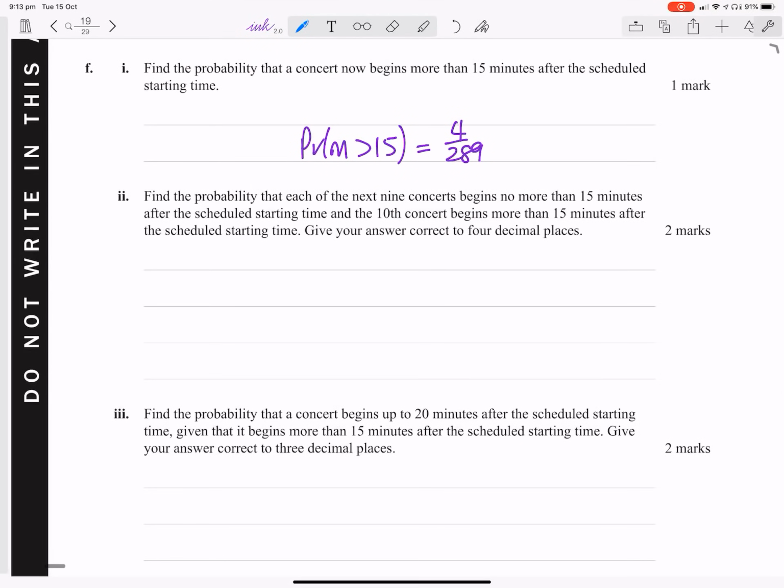Find the probability that each of the next 9 concerts begins no more than 15 minutes after the scheduled starting time, and the 10th concert begins more than 15 minutes after the scheduled starting time. Give your answer correct to 4 decimal places.